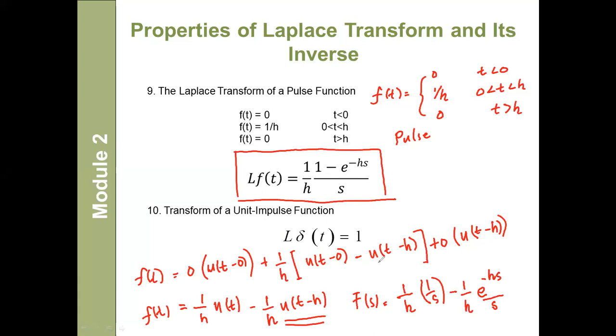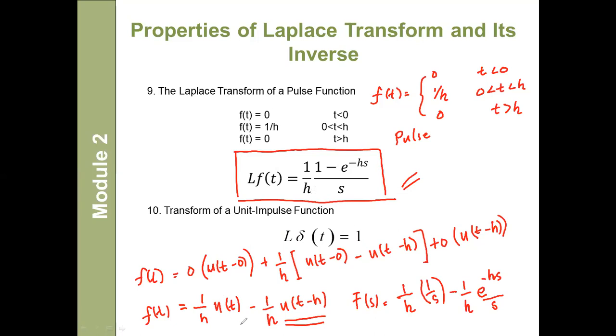This is the Laplace transform of a pulse function, or better yet, this one. Now, since it's already pre-derived for you, class, what if this pulse is 10? You just change the 1 over h and make it 10. And let's say, for example, this one is 7. So you change this to 7s, and this would be 7 as well.